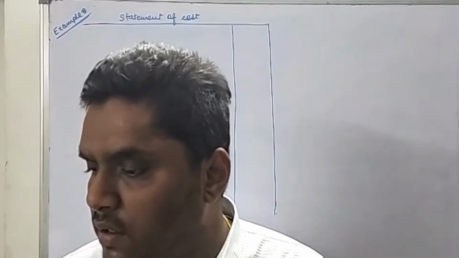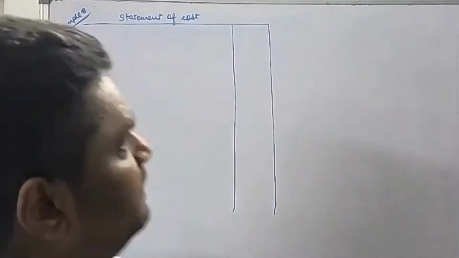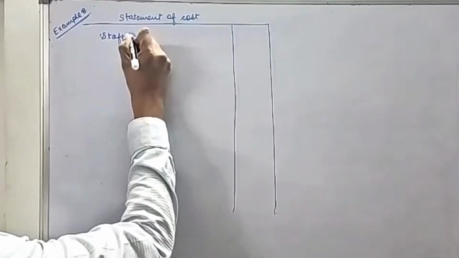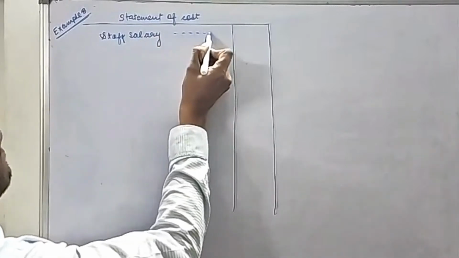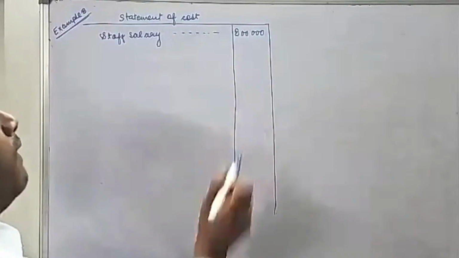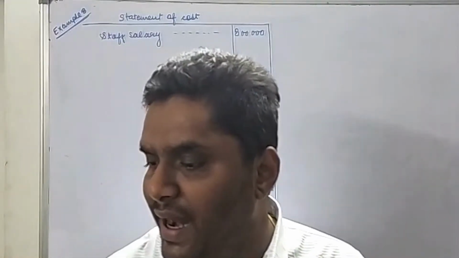So let's start with all the expenses that are given straight away. Staff salary 8 lakh. Repairs to building 3 lakh.